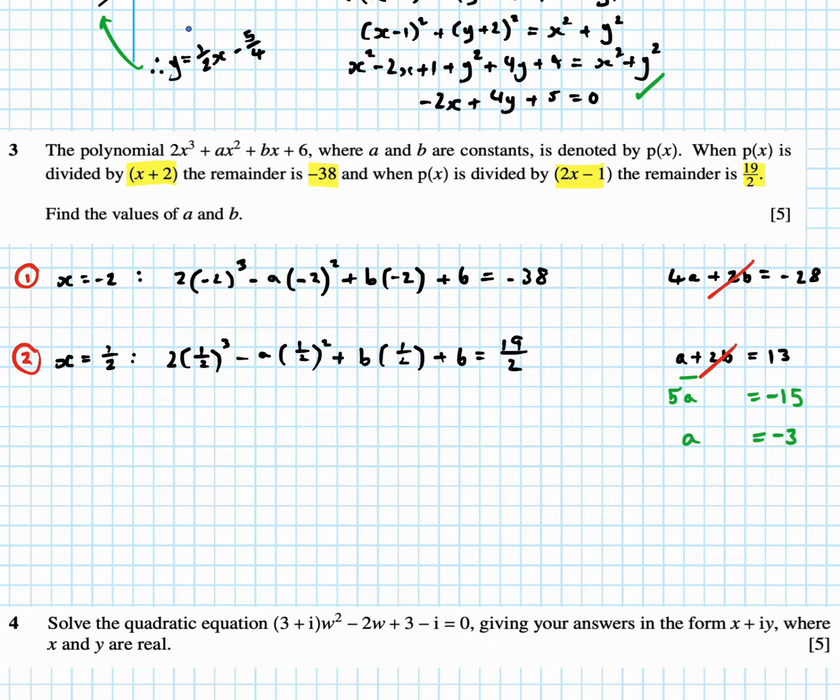A is minus 3. Plug it into this most simple one to do, so minus 3 plus 2b equals 13, you could say. Just make it as easy as possible for yourself when you're doing this, especially under conditions that are stressful, like an exam. So b is equal to 8. So we sub that in. I think I wrote down one of the signs incorrectly up there, just as I was doing it quickly.